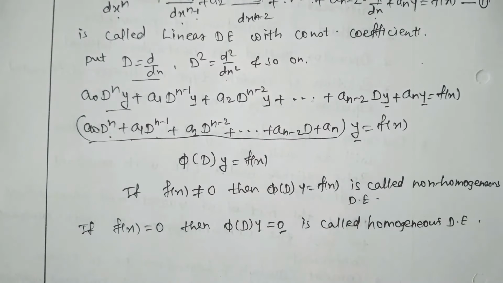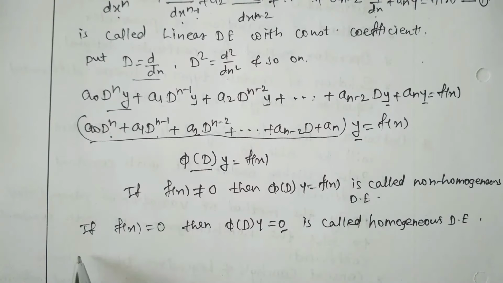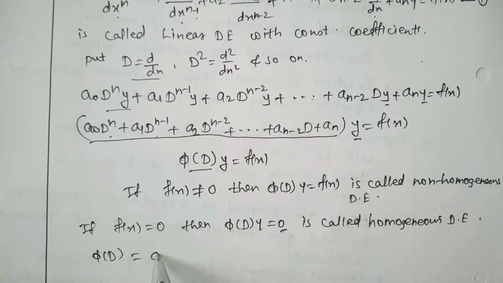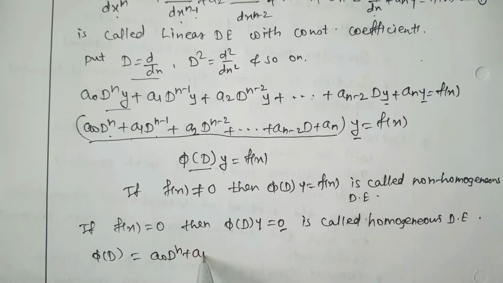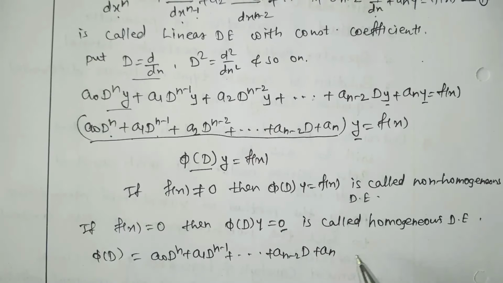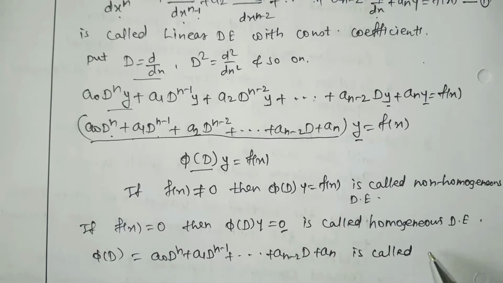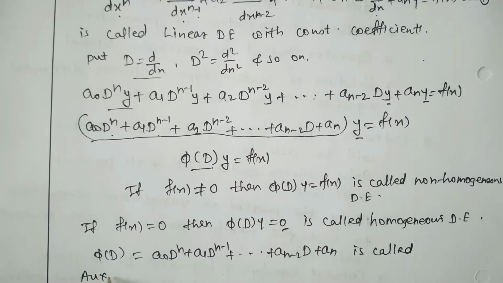Now this phi of D is equal to a0 D^n plus a1 D^(n-1) plus dot dot dot a(n-1) D plus an, and this phi of D is called the auxiliary polynomial.